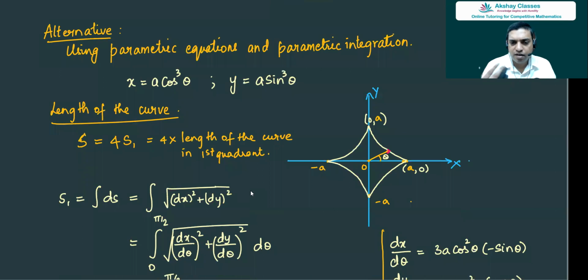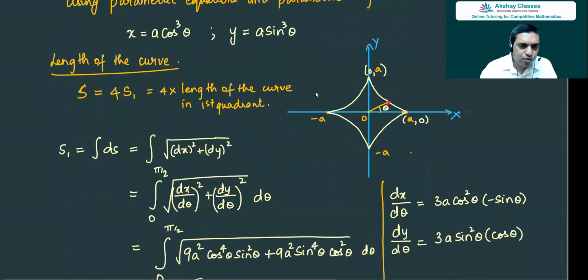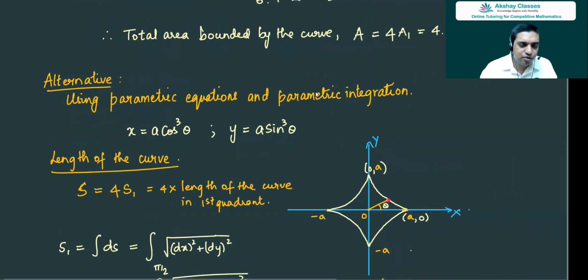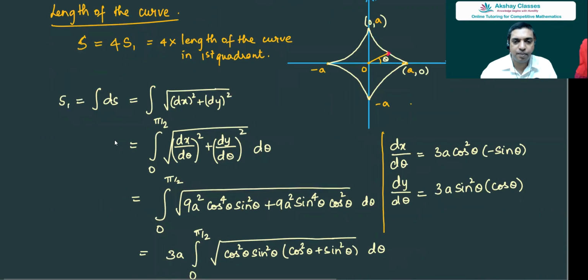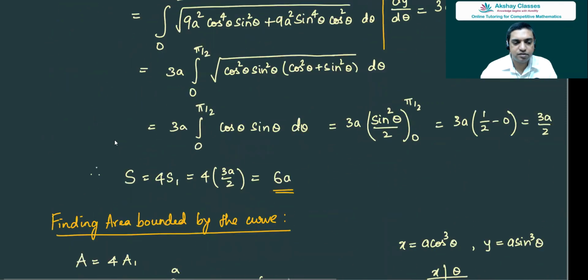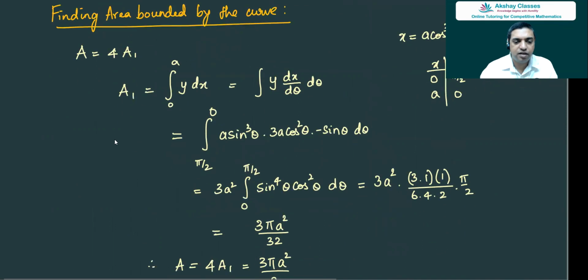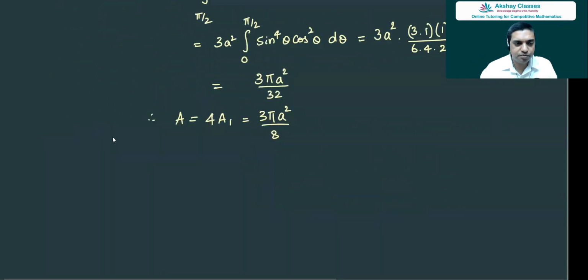If we learn that and remember that, we'll be able to trace the curve very easily. Otherwise, if just this equation is given, we won't know how to trace the curve, nor will we know how to find the limits of integration. That is why curve tracing is extremely important. All right, I'll proceed to the next problem.